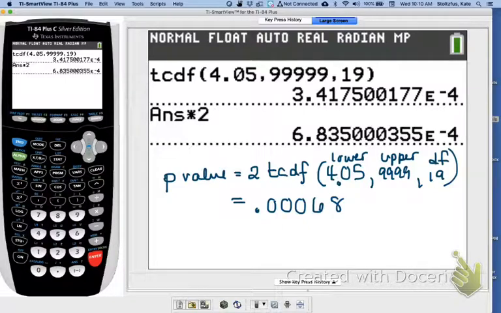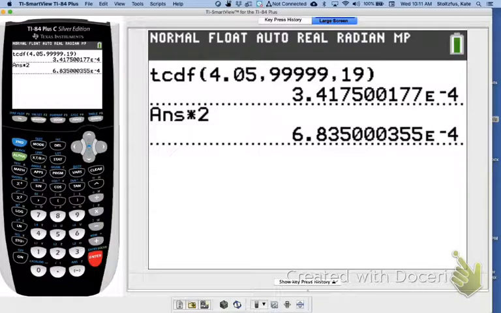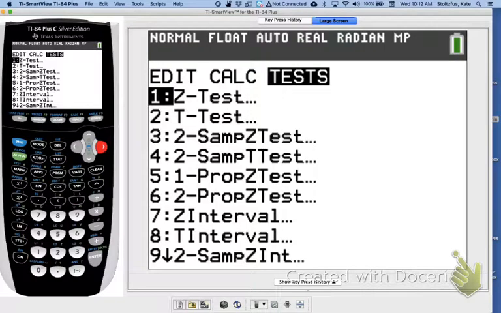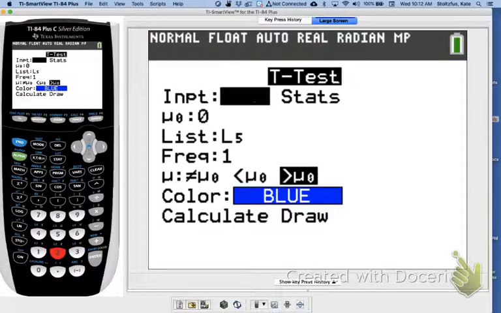I will do my conclusion in just a second, but I also want to show you how you can run this entire test on your graphing calculator. So stat, test, it is a t-test, just a one sample. So option 2, I'm going to go with data. My null hypothesis is that it's equal to 0. My data is in list 5, and I'm saying that it is not equal to.